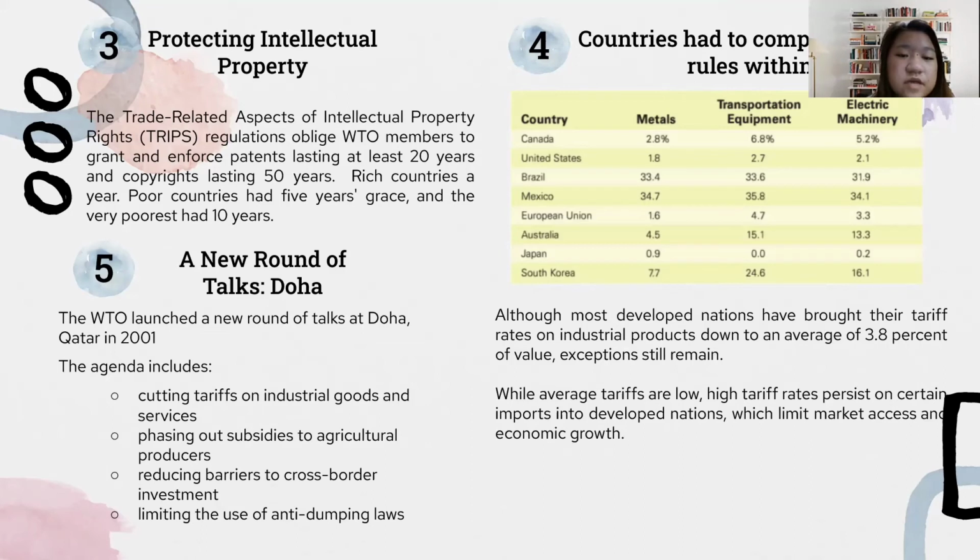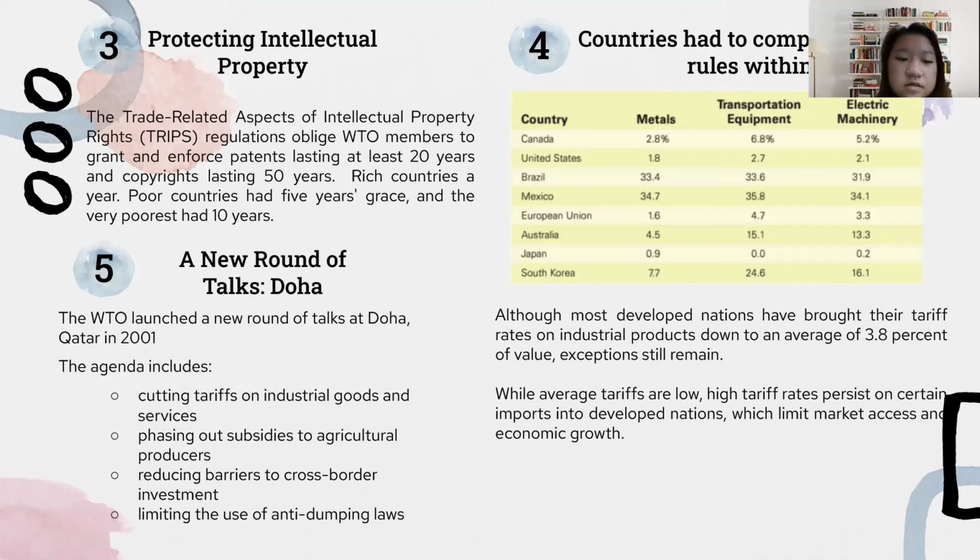For example, in Australia 15.1% and South Korea 24.6%. The WTO would like to bring down tariff rates on imports of non-agricultural goods into developing nations. The ultimate aim is to reduce tariff rates to zero.